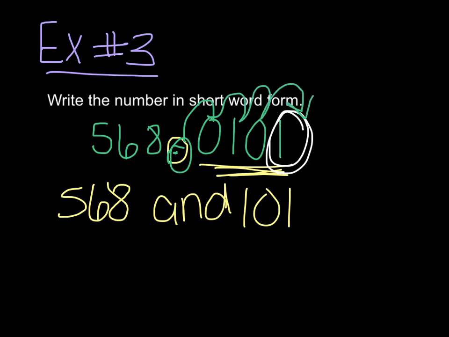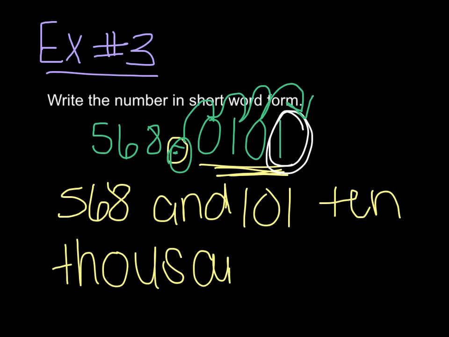So if you're looking at your place value chart, start at the decimal and go 4 places. You can see that that 1 is in the 10,000ths place. So we write that out in word form. So short word form, you can just write the numbers, and whatever your places are, you write that out in words.